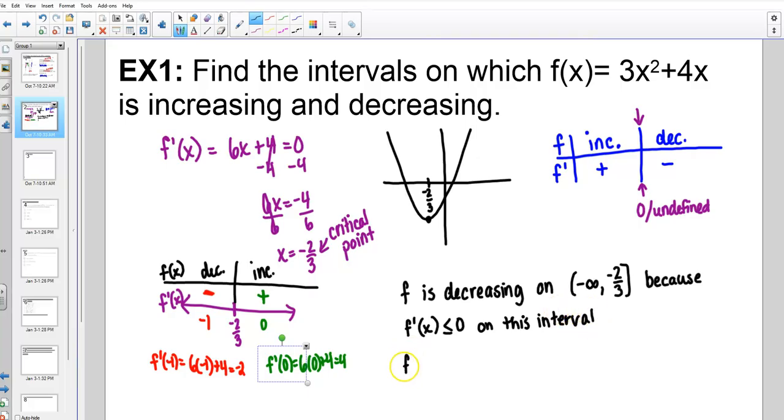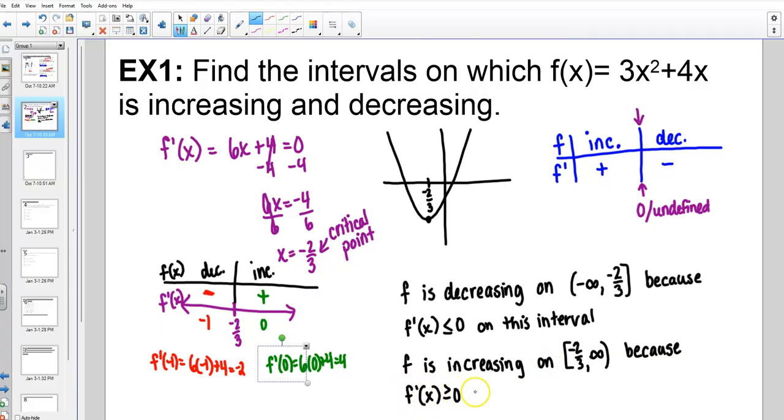Now what I find a little bit weird about this is f is going to be increasing on the interval from, I'm going to use a bracket, from negative 2/3 to infinity, because f prime of x is greater than or equal to 0 on this interval.